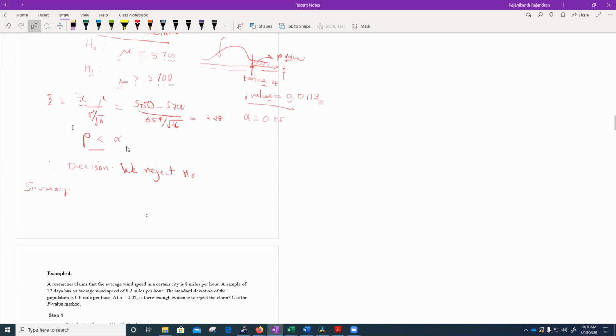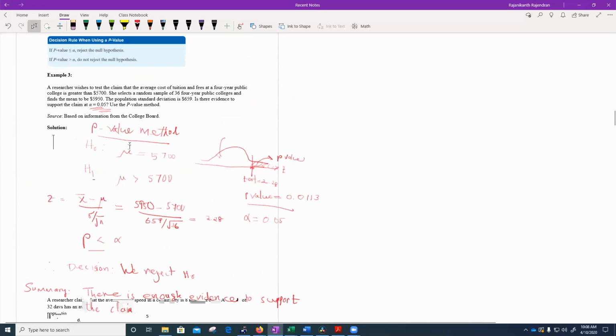There is enough evidence to support our claim and support the claim. That means our claim is correct, right? The tuition and fees should be greater than 5,700.